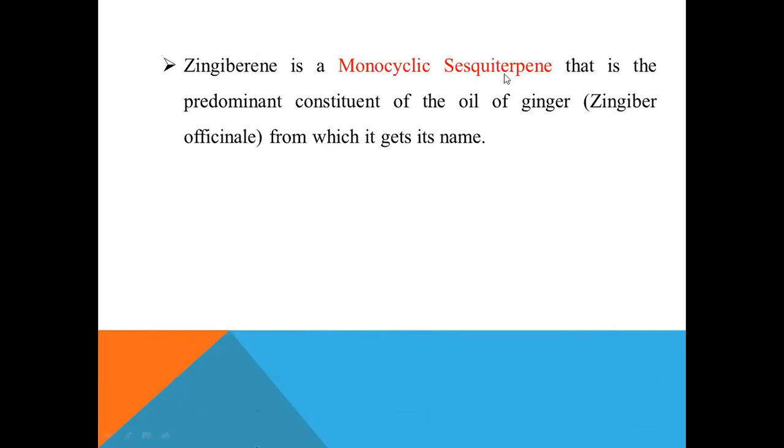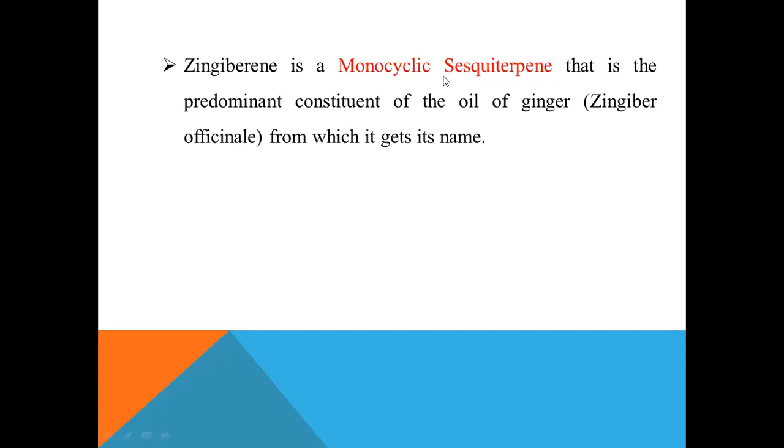Gingiberine is a monocyclic sesquiterpene. Mono means single or one. Cyclic means it has a ring structure. Sesquiterpene: in the last class we discussed the classification of terpenes. The terpenes are named based on the fundamental unit, that is the isoprene unit.